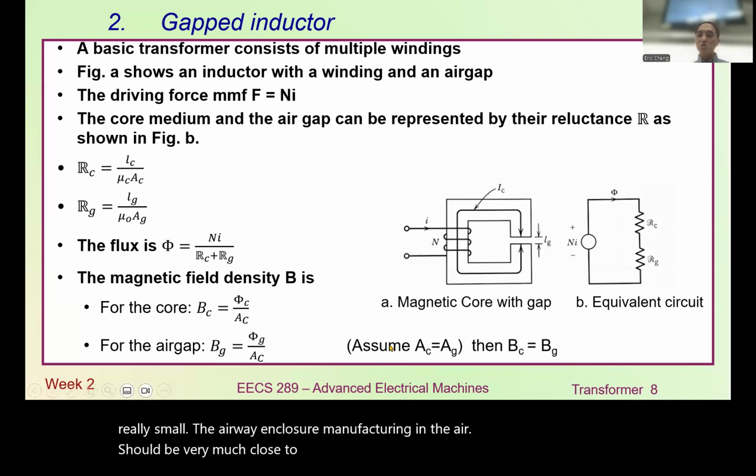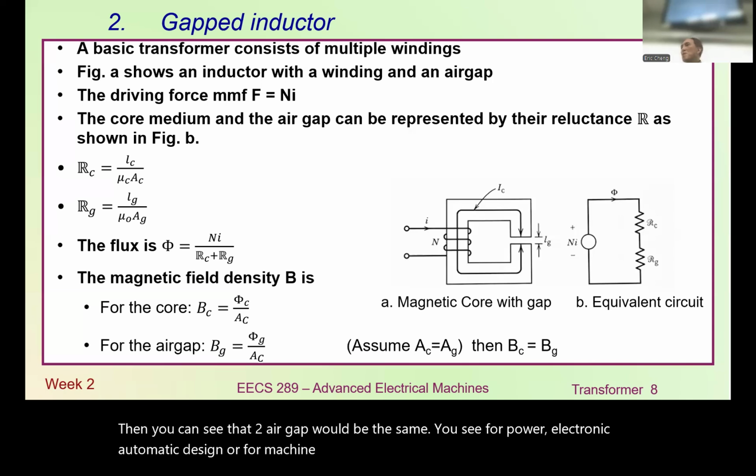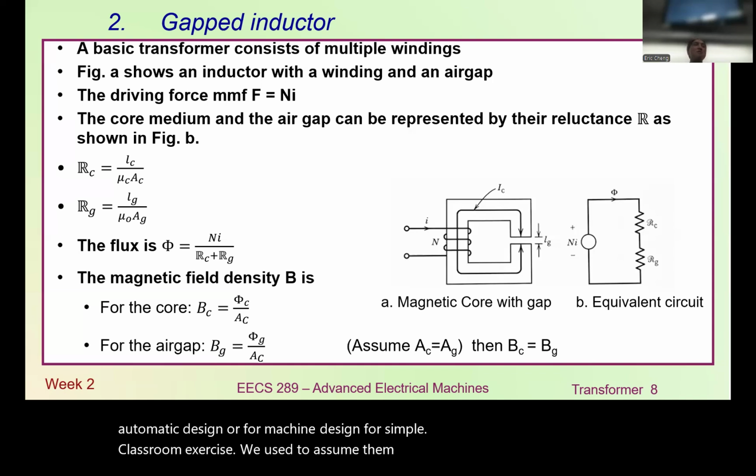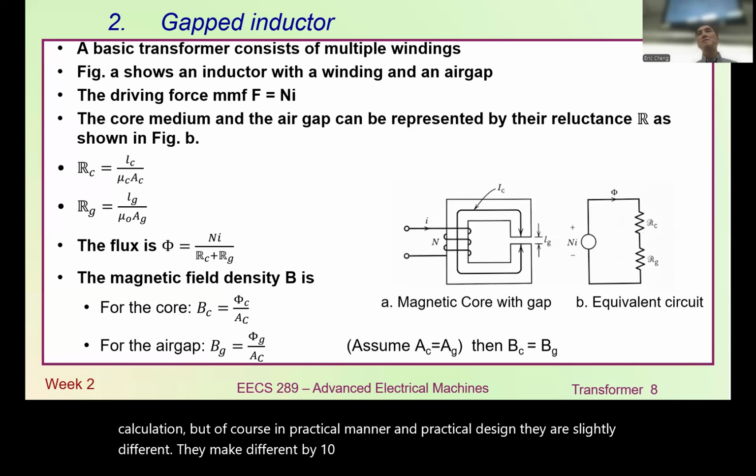So we can assume these two to be equal, and then the two areas will be the same. For power electronics, magnetic design or machine design, in a simple classroom exercise, we usually assume them to be the same, which is easier for calculation. But of course, in practical design, they are slightly different. They may differ by 10%, 20%, maybe more, depending on the air gap.